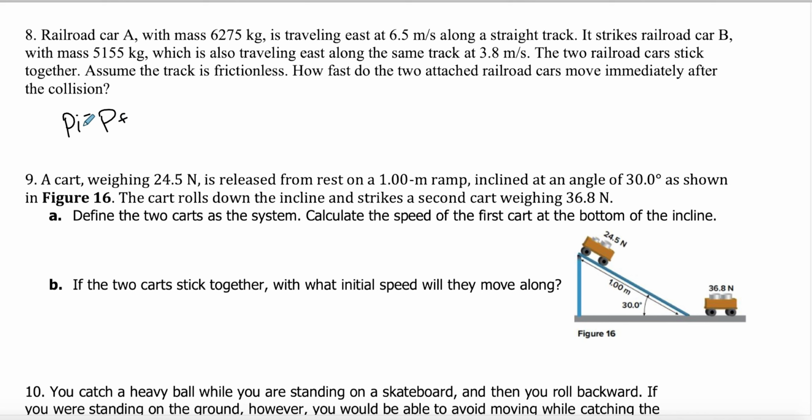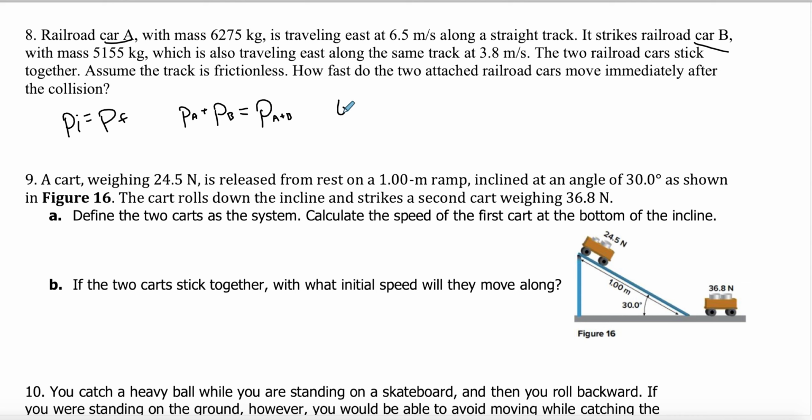Okay, in the beginning, initial momentum, we have 2 separate objects. So we have car A and then we have car B. In the end, they're stuck together. So it's one object with combined masses. Okay, so momentum of car A plus momentum of railroad car B. That's going to be what we have in the beginning. And then in the end, we're going to have momentum of car A plus car B because they're stuck together.